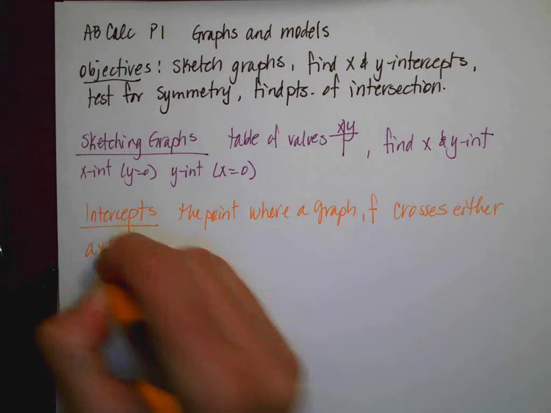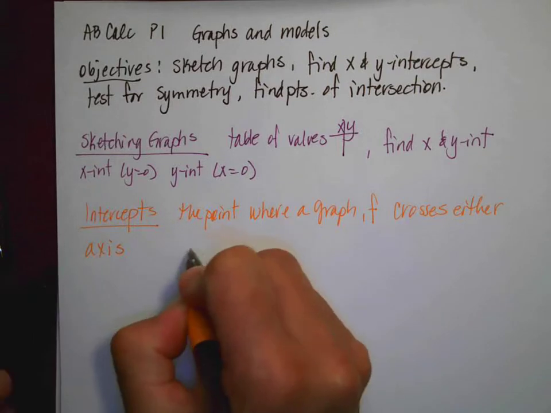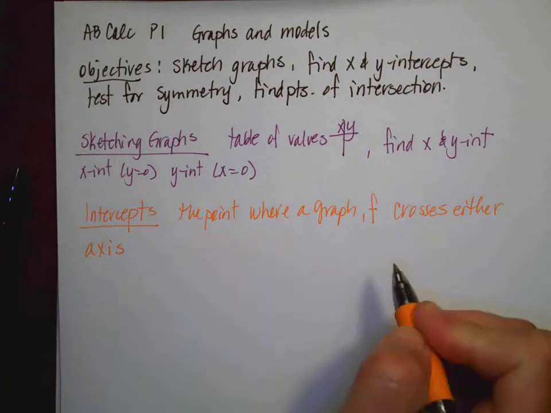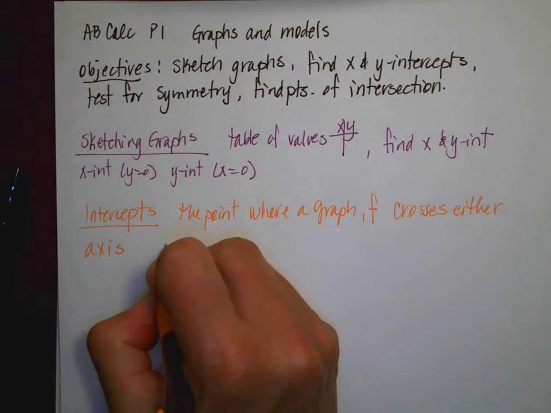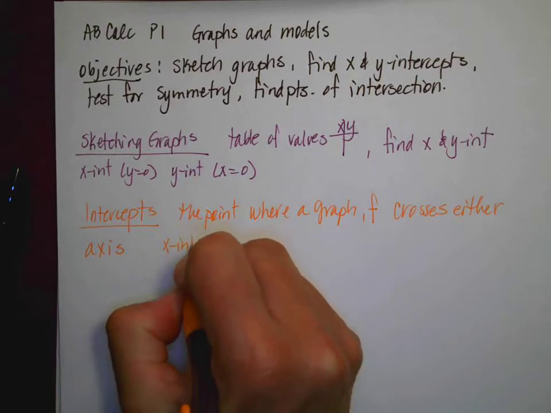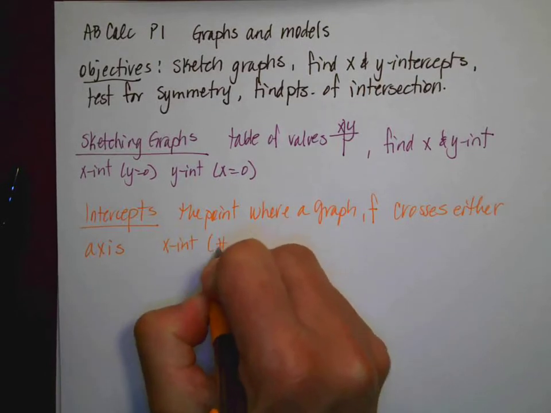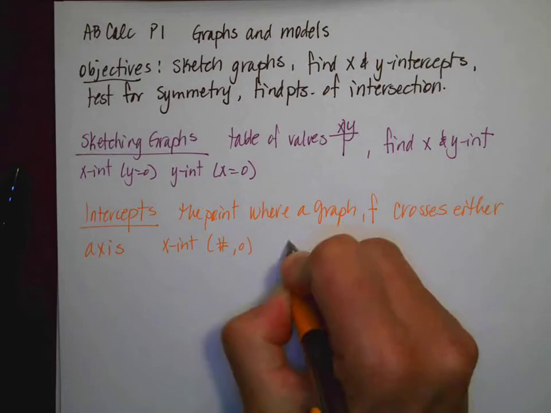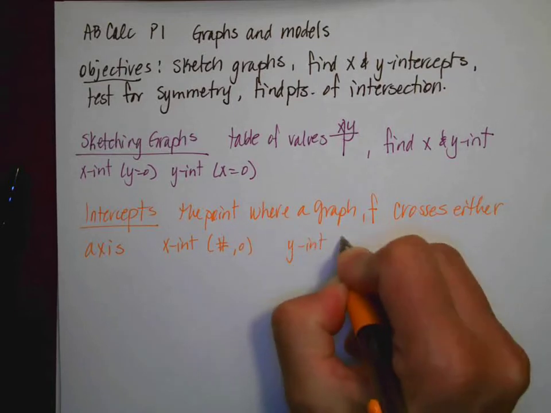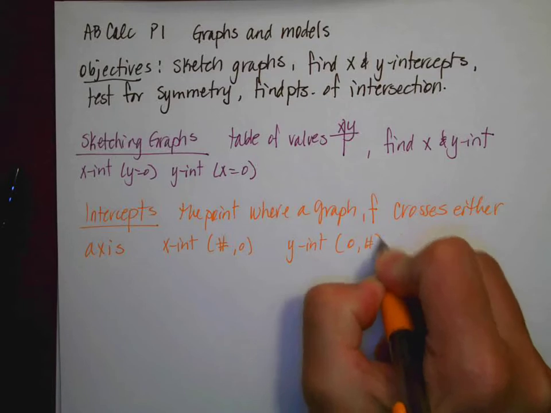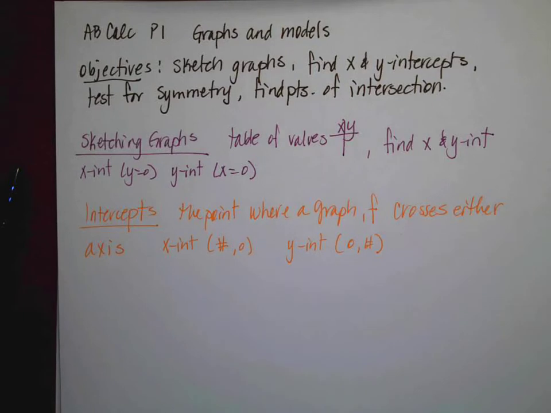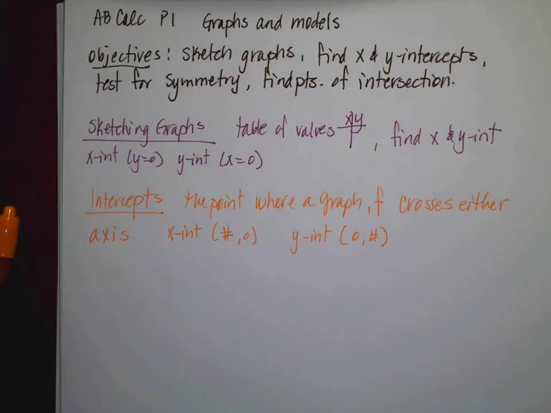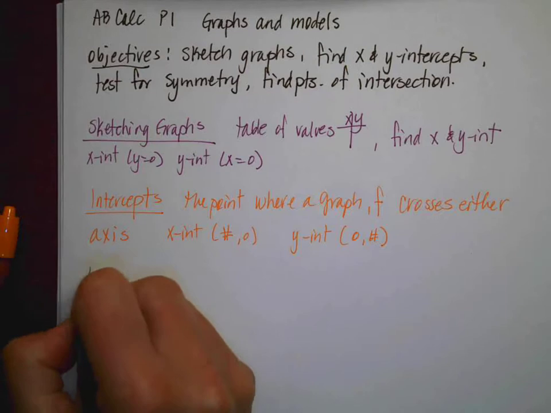And if you will remember from pre-calc, when we report intercepts, we would report the x-intercept, and then I might write a number and then 0, and then for y-intercepts, I would write 0 and a number. So remember that reporting is very important. In calculus, it is even more important, so that you always want to make sure you report well.